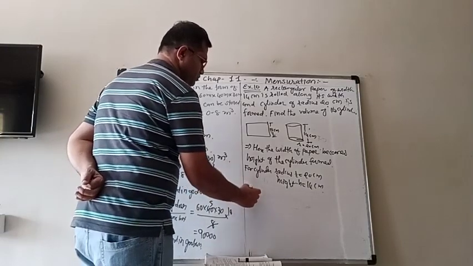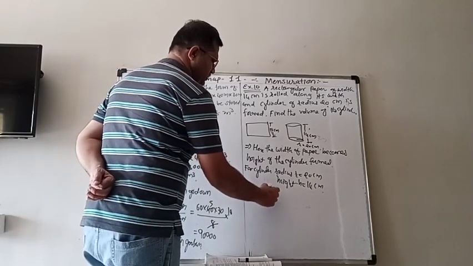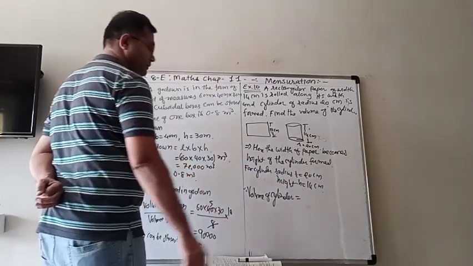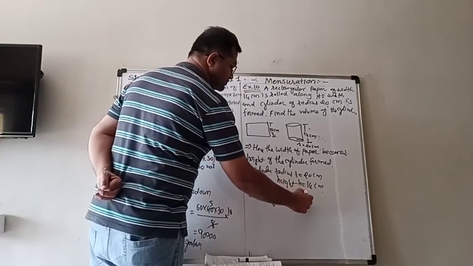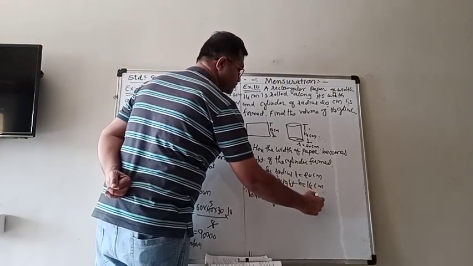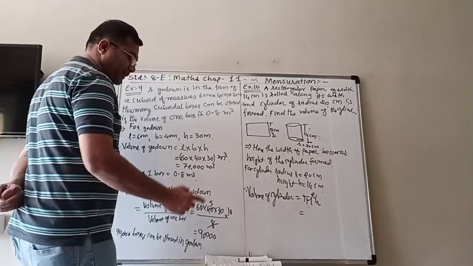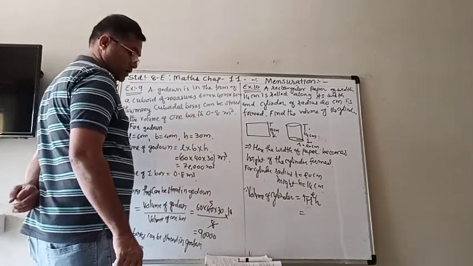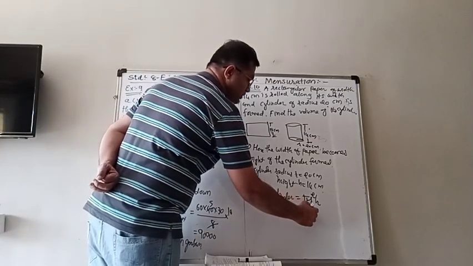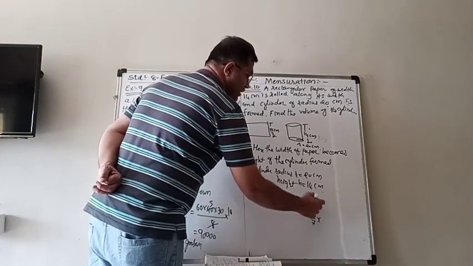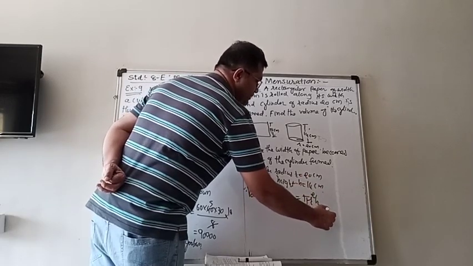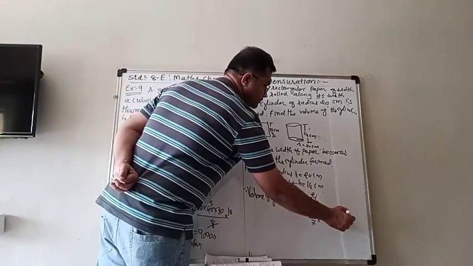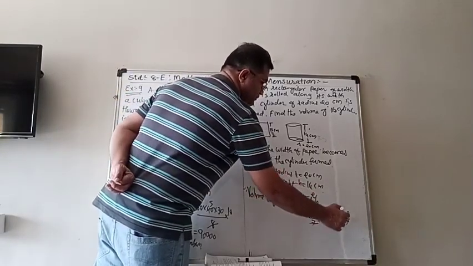Therefore, volume of cylinder, we wrote down the formula, pi r square h. Now value of pi is given here, it is 22 upon 7. So now 22 upon 7, r square means 20 multiplied by 20 and height is 14. 7 2s are 14.